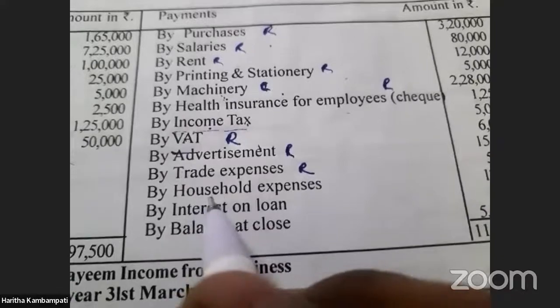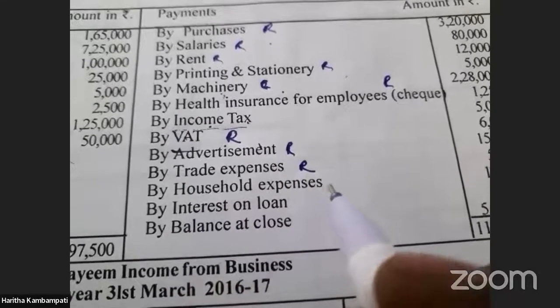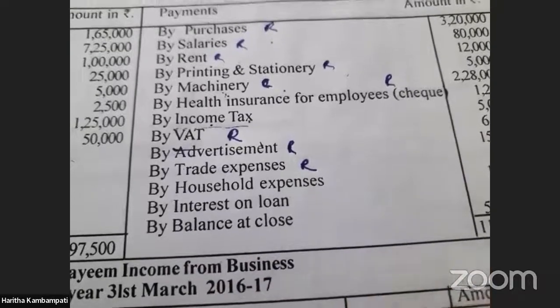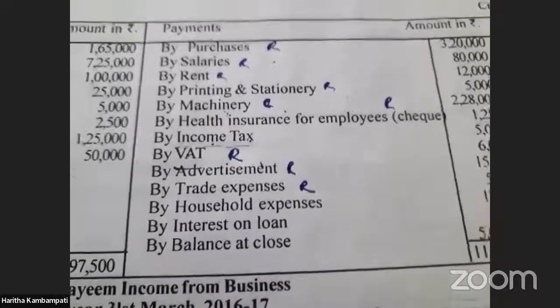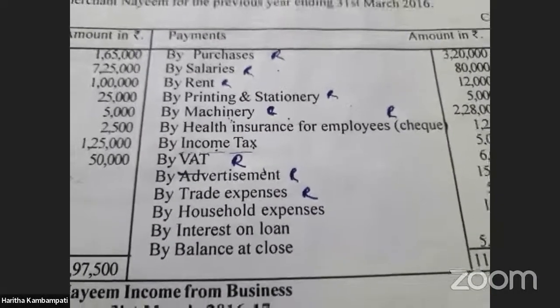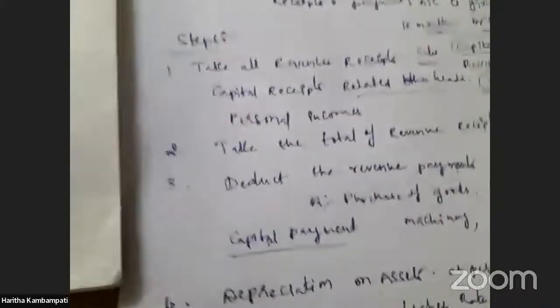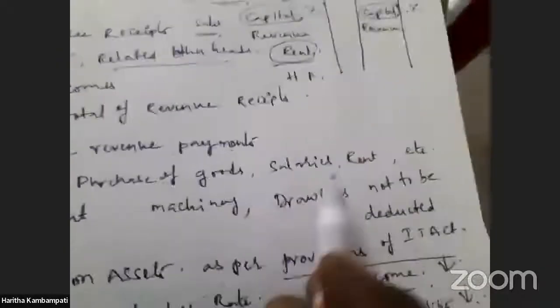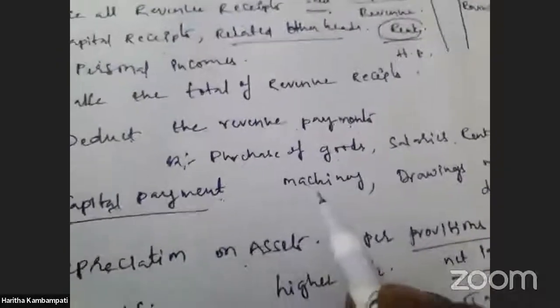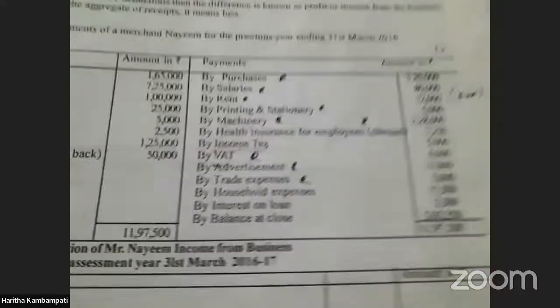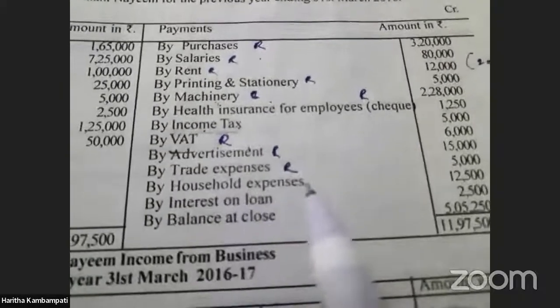Can anyone tell me, are these household expenses related to business or personal nature? Straight away they have given household expenses. This is personal. So as I explained in step 3, deduct only revenue payments like purchase of goods, salaries, rent, etc. Capital payments and drawings are not to be deducted. So we should not consider this household expenditure.